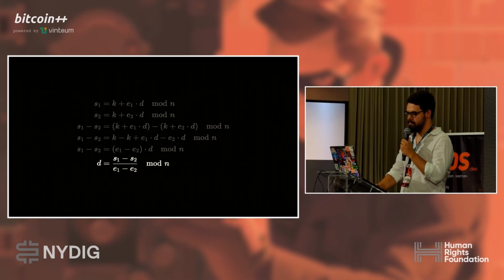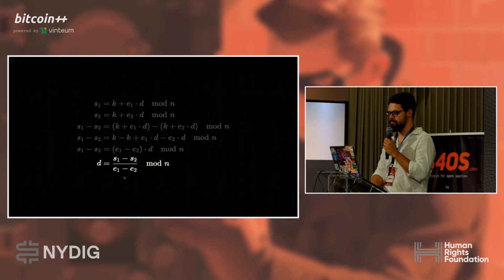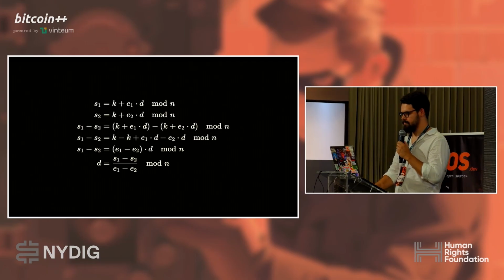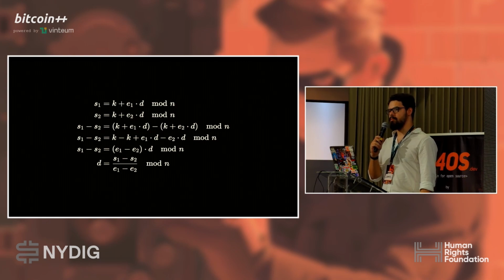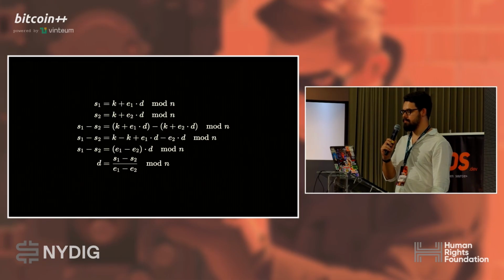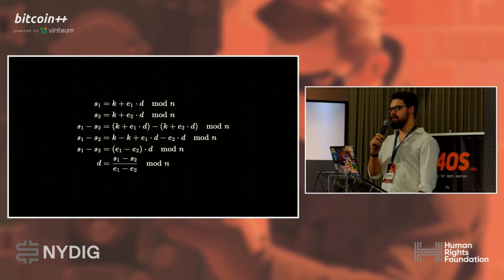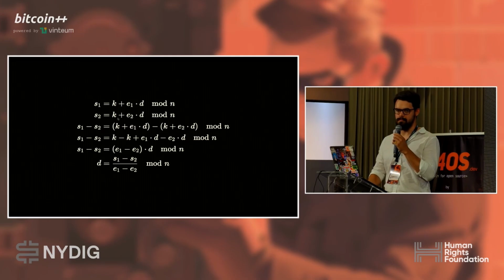If I do one signature minus the other and then multiply it by the modular inverse of the commitments, I can recompute the private key. The library that we use, libsecp or any other that is well implemented, would use a deterministic nonce so that we don't have this issue.